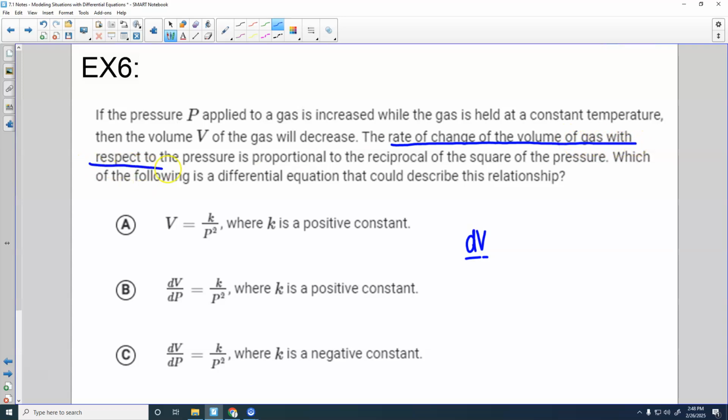With respect to the pressure, so what should be on the bottom, dP, right there, is your equal sign. Directly, or they don't say directly proportional, they just say proportional, but if they say proportional without the directly, they still are talking about directly proportional.